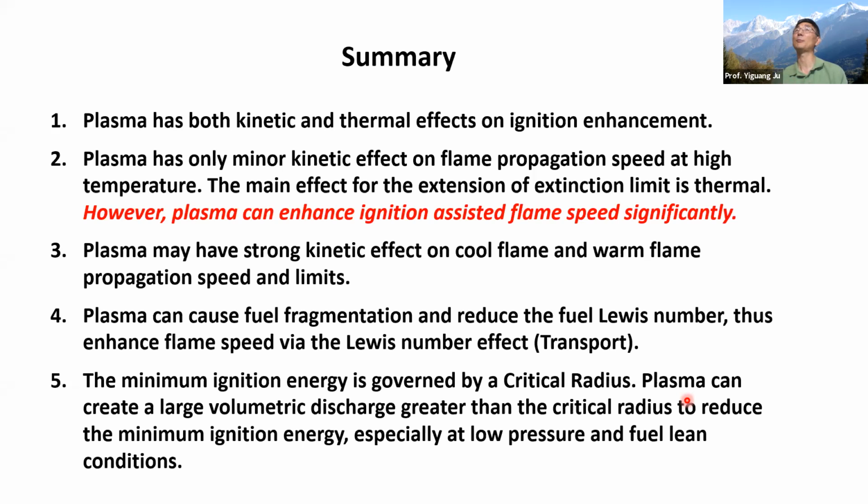It actually is a non-Boltzmann distribution. You have a very long tail of high electron energy. So you should be able to tune that non-Boltzmann distribution of electron energy to optimize the selectivity and the reactivity of your mixture. That's the key point of plasma-assisted combustion or chemical conversion.